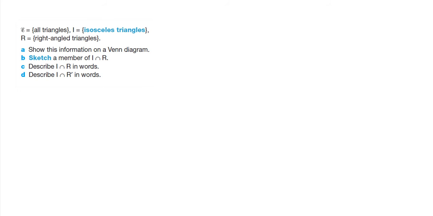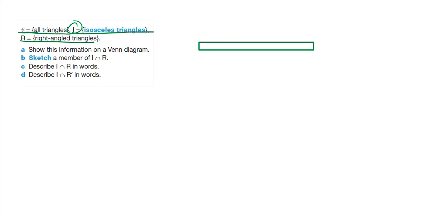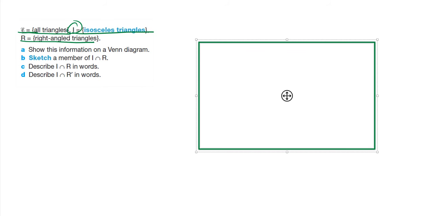Union of sets. Okay. The universal set contains all triangles. Isosceles triangles are represented with the I set and right angle triangles with the R set. Show this on a Venn diagram like this. All triangles are isosceles or right angle triangles.